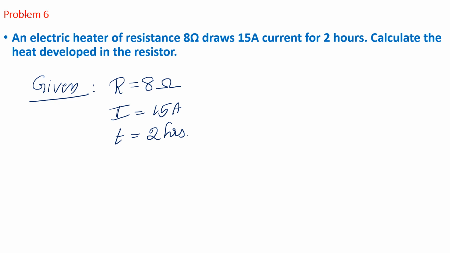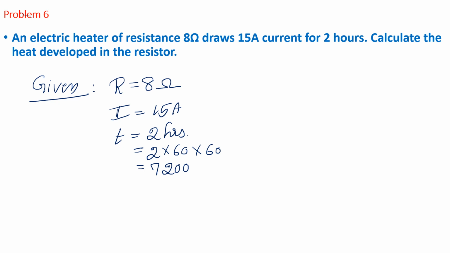In order to find out the heat developed, we need to convert the time of 2 hours into seconds, that is 2 into 60 into 60, which is equal to 7,200 seconds.